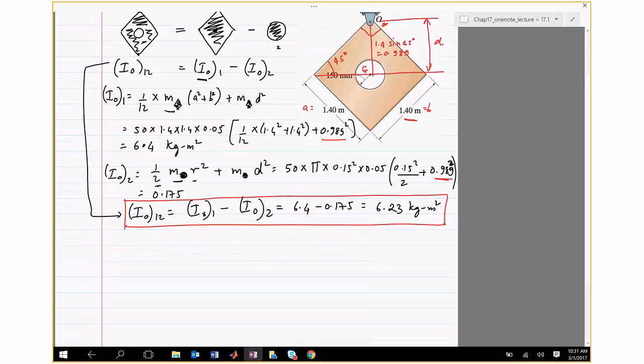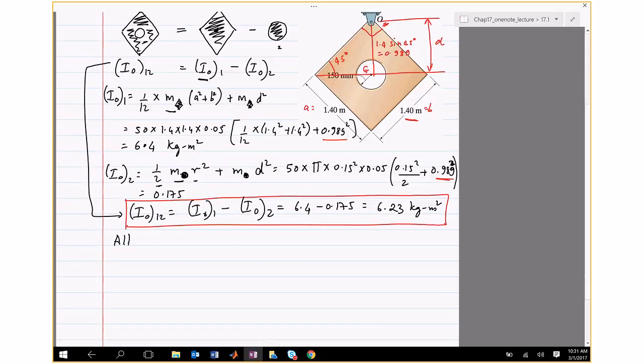So the alternate way is, yeah, that's right, do it as one. So you need to do two steps here.